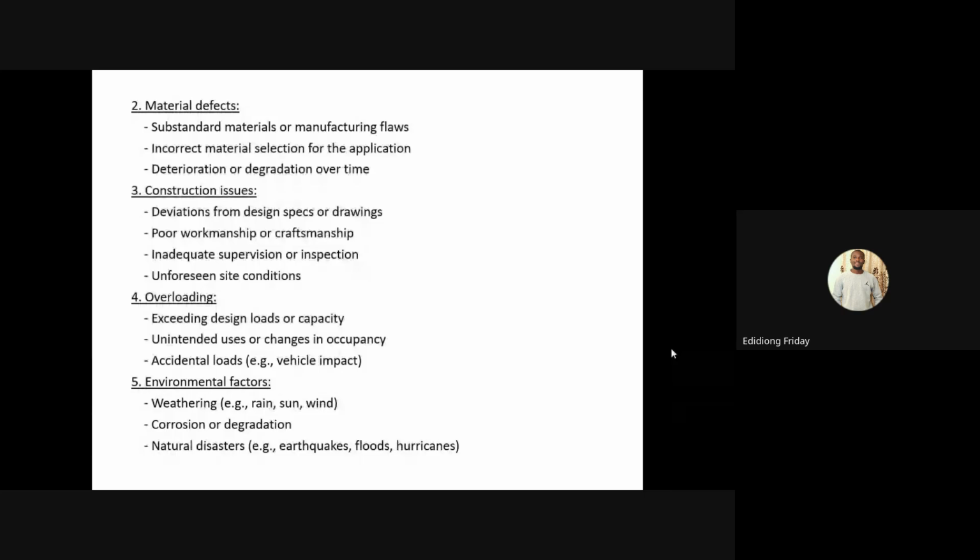Okay, also unforeseen site conditions. There are several times where a design is done and then when you go to site, you see different site conditions. For instance, maybe the designer didn't even go to the site, and he uses a soil bearing capacity of 150 kilonewtons per meter square and designs with that.